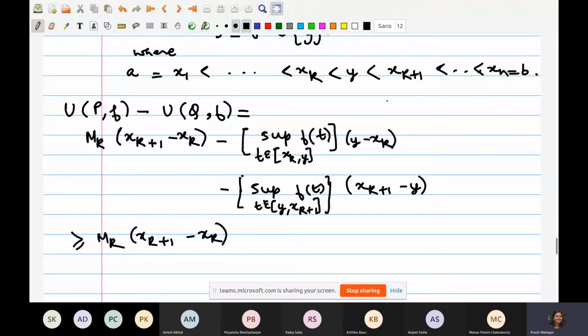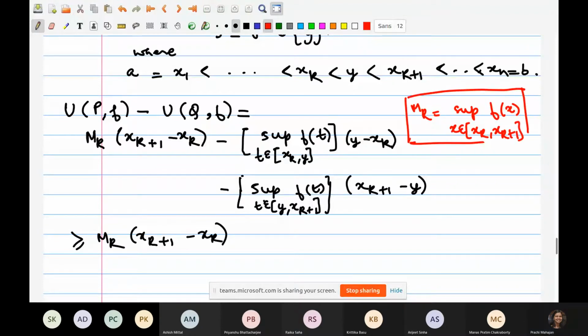Remember what is M_k? M_k is the supremum of f restricted to the kth subinterval x_{k+1}. This is something to remember.